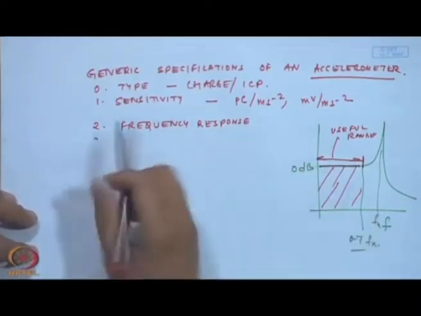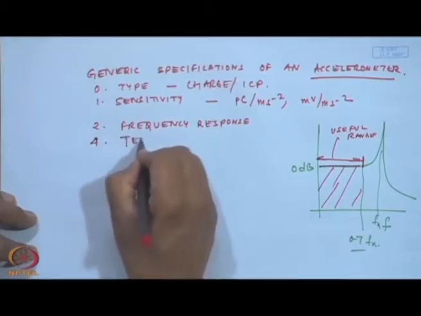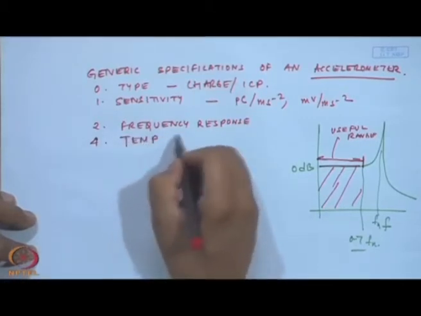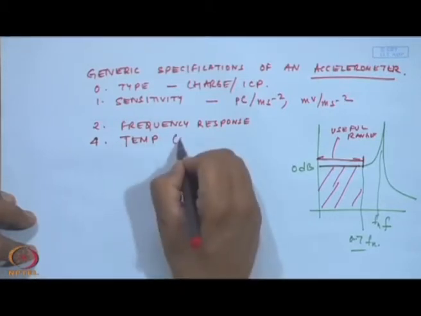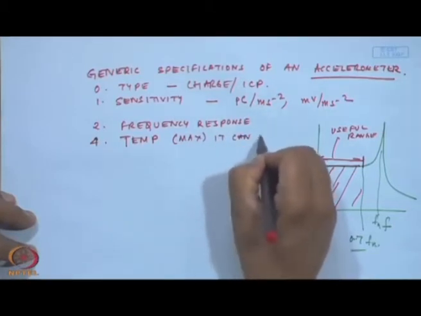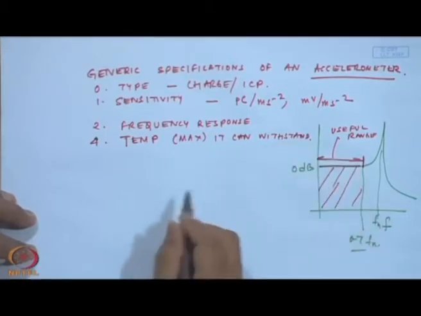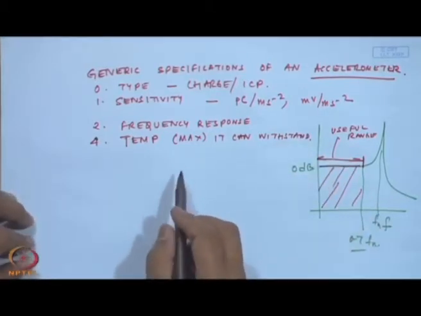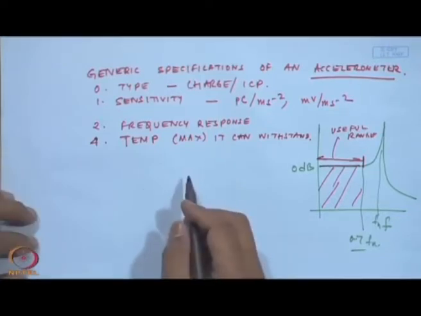Then, of course, the other is the maximum temperature it can withstand. This is very important, because when you talk about industrial health monitoring, there will be gearboxes and bearings which are subjected to very high temperature, maybe 300-400 degrees Celsius.